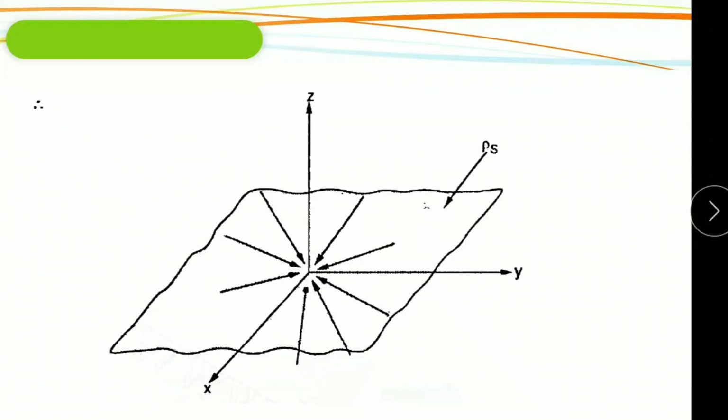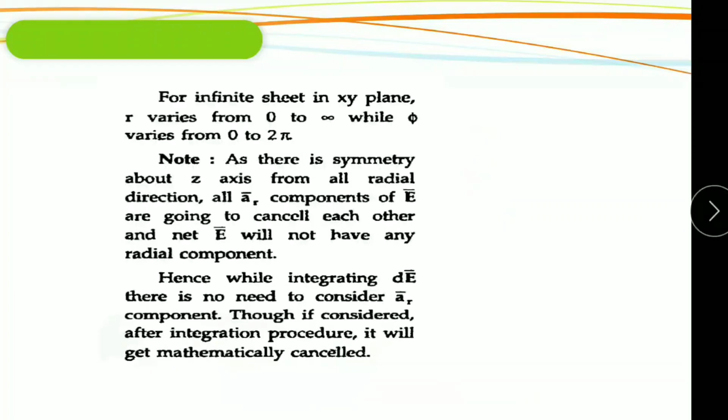So this is the sheet along the x and y plane and perpendicular to the z axis. Here rho s is the surface charge density. For an infinite sheet in the xy plane, r varies from 0 to infinity, while phi varies from 0 to 2 pi.